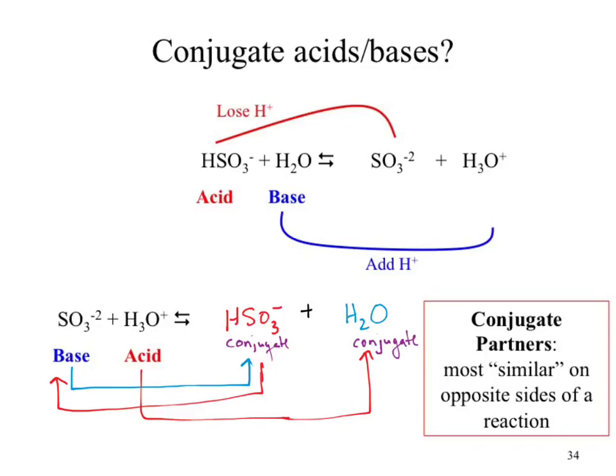What happened to the H2O? It has to gain a hydrogen. So if we look at our reverse reactions, we have the conjugate acid and our conjugate base. Okay? Questions about that?